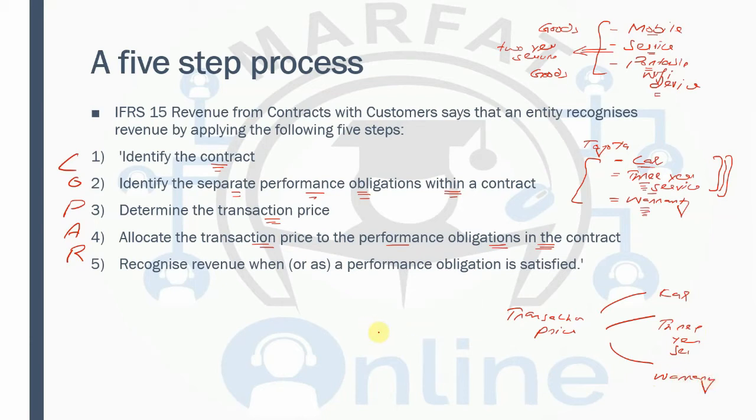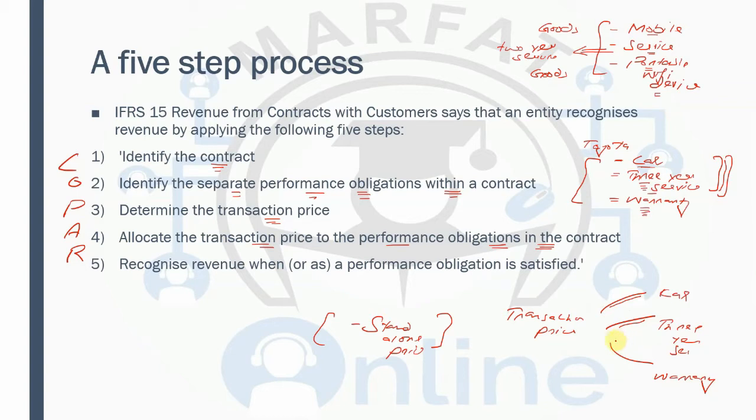Now the basic principle is the stand-alone price. We usually allocate the transaction price to different performance obligations based on the stand-alone price principle. What if the company is only selling the car? What if the company is only providing the service? What is the value of the car if they are only providing the car in isolation?